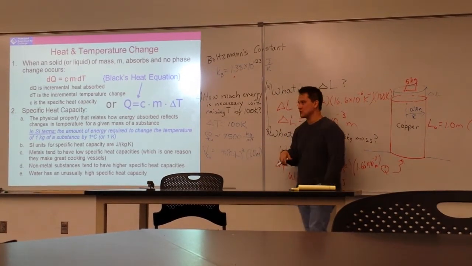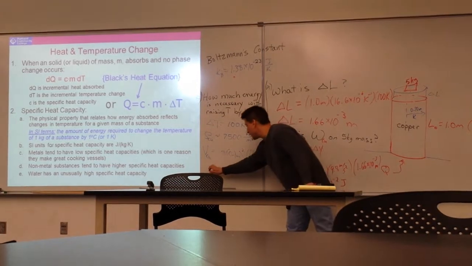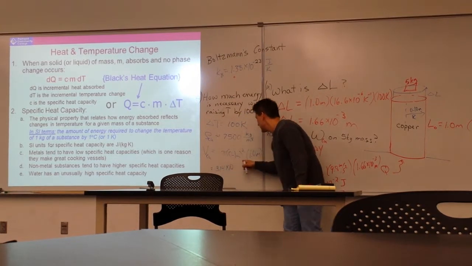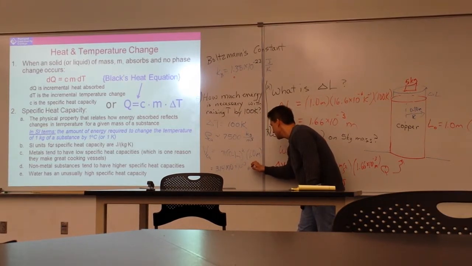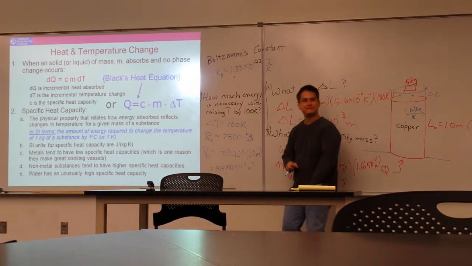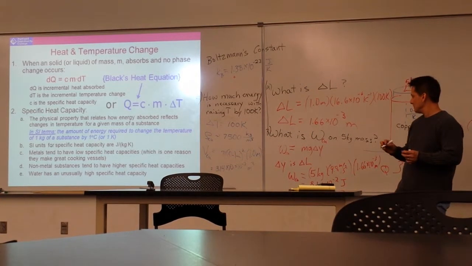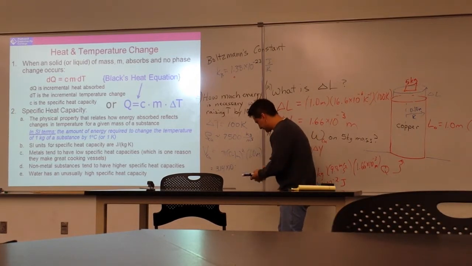So again, these numbers are relatively clean. The volume of copper is going to be, give or take, about 3.14 times 10 to the negative 2 cubic meters. Pick nice round numbers. Oh, 10 times 10, right?